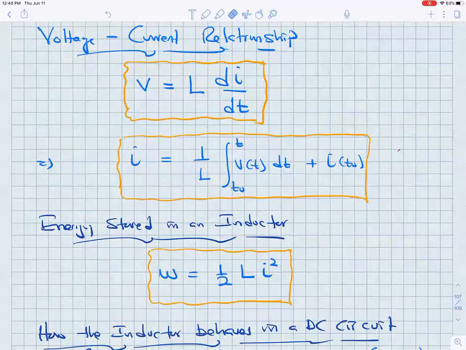I want to get an example where I have an actual circuit. I like a lot of practical stuff, so I'm going to get an example with inductors in the circuit, and then we try to solve that one, and hopefully we can take our break. Let's go ahead and take a look at this circuit.